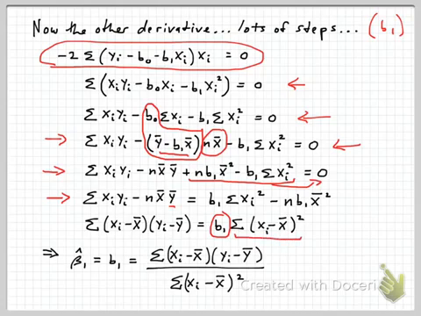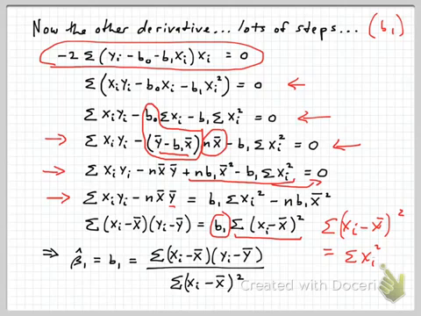Now, I didn't quite show a step here, but this took advantage of a previous derivation at the very beginning, which was that the sum of xi minus x bar quantity squared can be shown to be equal to the sum of xi squared minus n x bar squared. Right? That was something we showed toward the beginning.